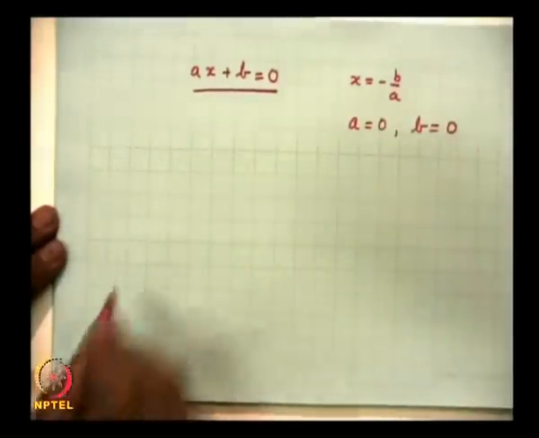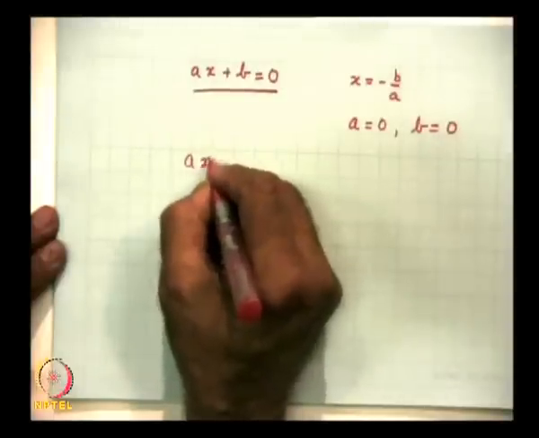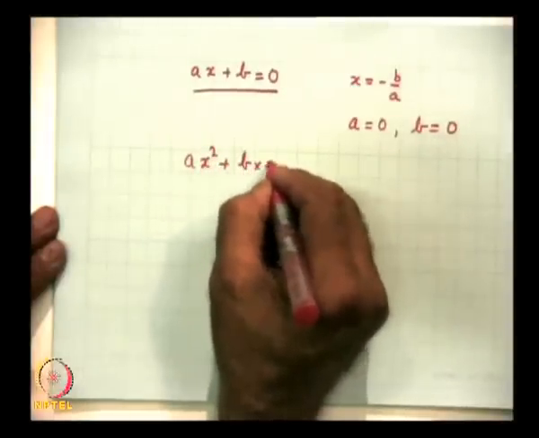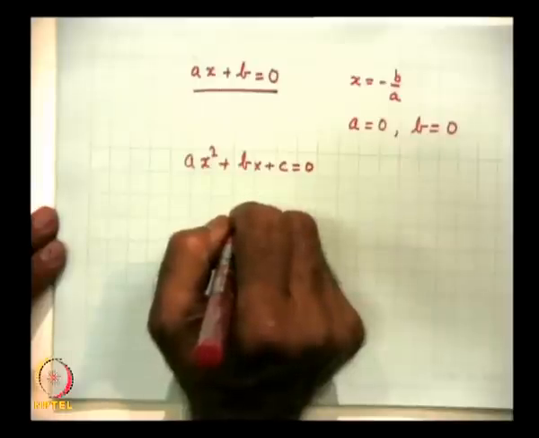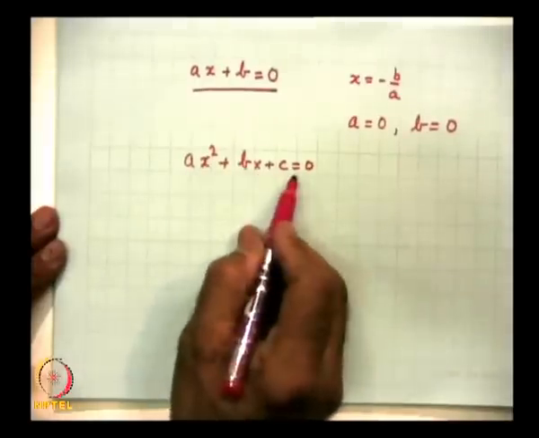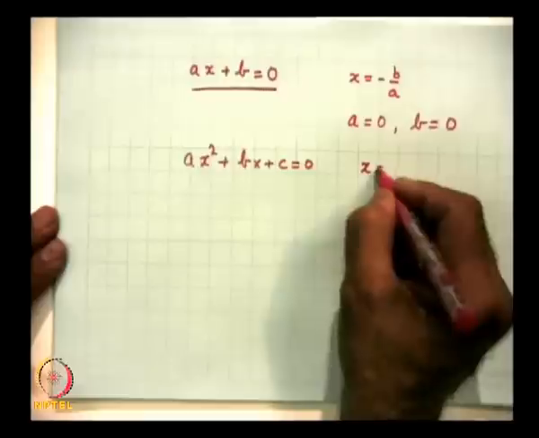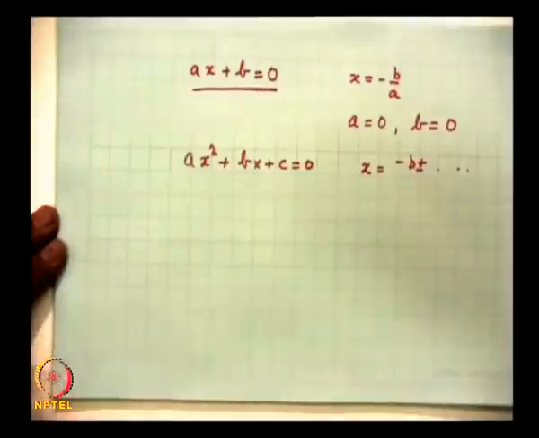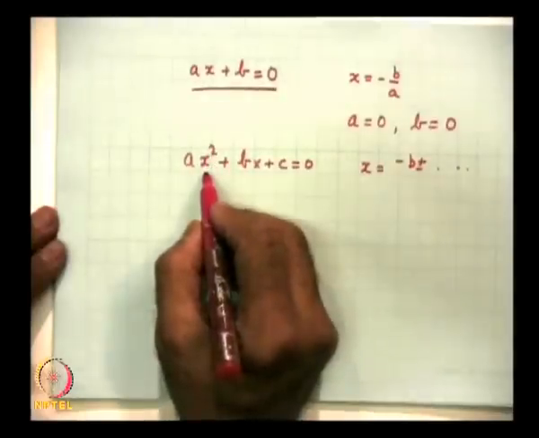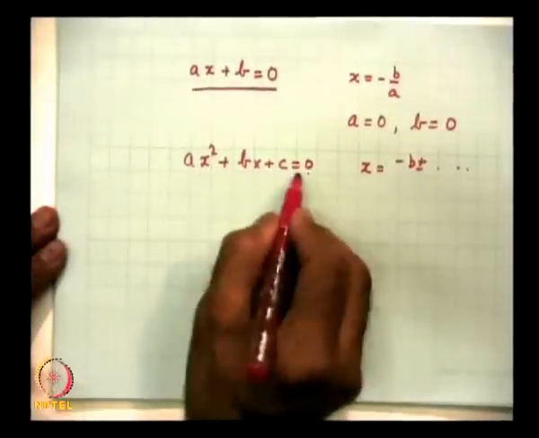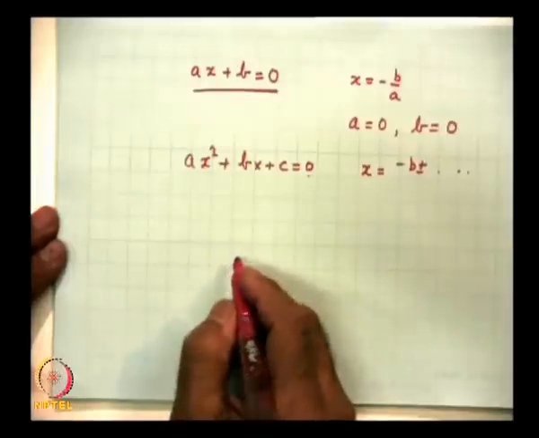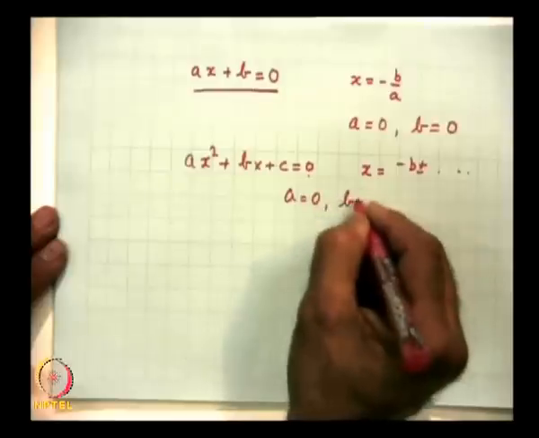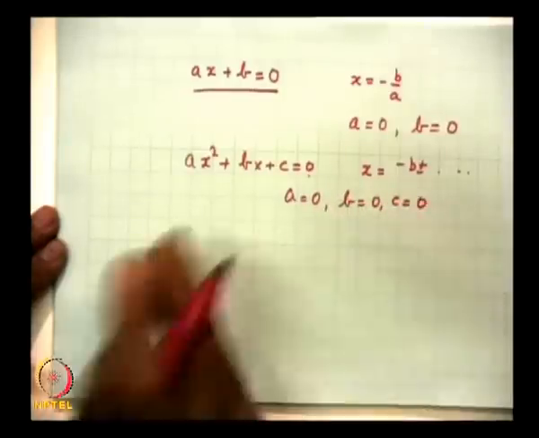Let me give you another example. I have a quadratic equation, ax square plus bx plus c equal to 0. Now, for given values of a, b and c, as you know, the roots of the quadratic equation are minus b plus minus so on and so forth. This is satisfied for two values of x. However, if this equation is to be valid for all values of x, then A must be 0, B must be 0 and C must be 0. This is an identity.